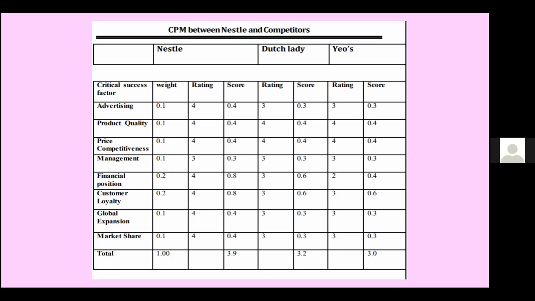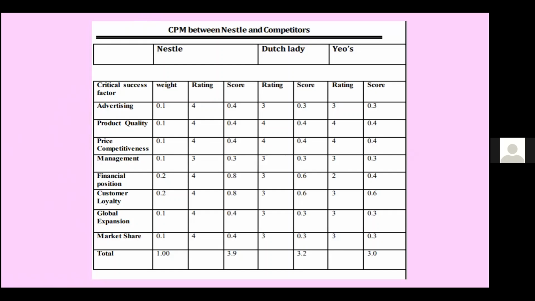So this is about the elements that we have to analyze about the strengths and the weaknesses. There are 9 factors or 9 analyses.